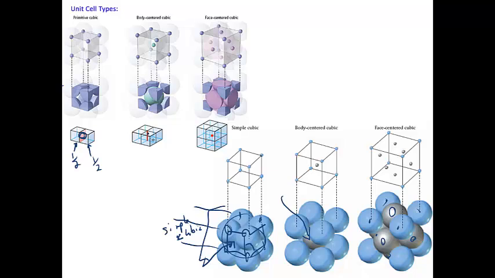If it's on an edge of the unit cell, it's shared 1/4 in each of these 4 boxes. So something that's on an edge will be counted as a quarter inside. Something that's on a face, let's say this one here, is a half inside. Something that's on a corner, an actual corner, is actually shared between 8 different unit cells. So that's only 1/8 inside the unit cell.